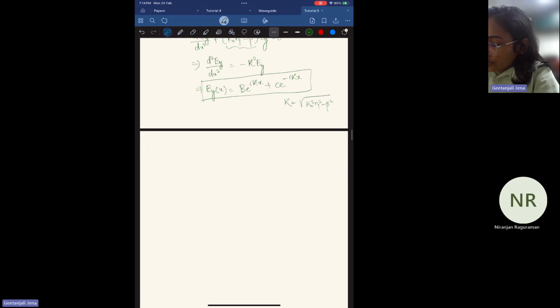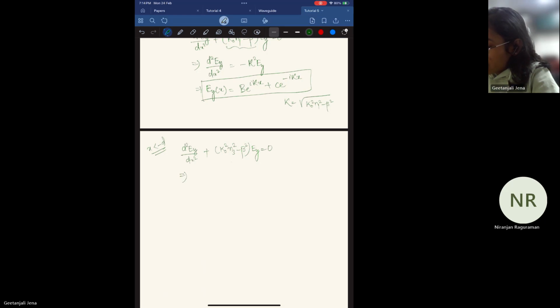Now the last region, which is x less than minus t. This will be similar to what we have in the other cladding region, but here the refractive index is different. So we have d square Ey by dx square plus k0 square n3 square minus beta square times Ey is 0.